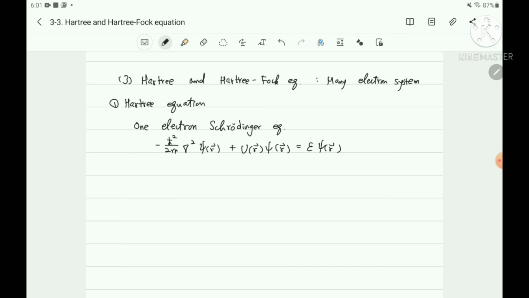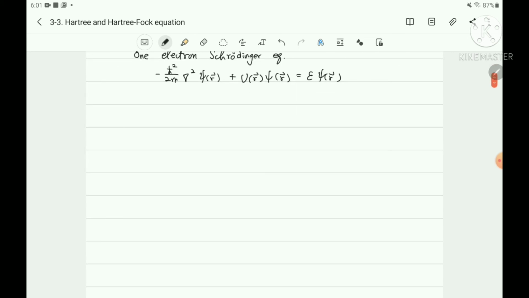It is a one-electron Schrödinger equation, but for an N-particle system, with N number of particles, the Hamiltonian eigenvalue problem can be written down like this.